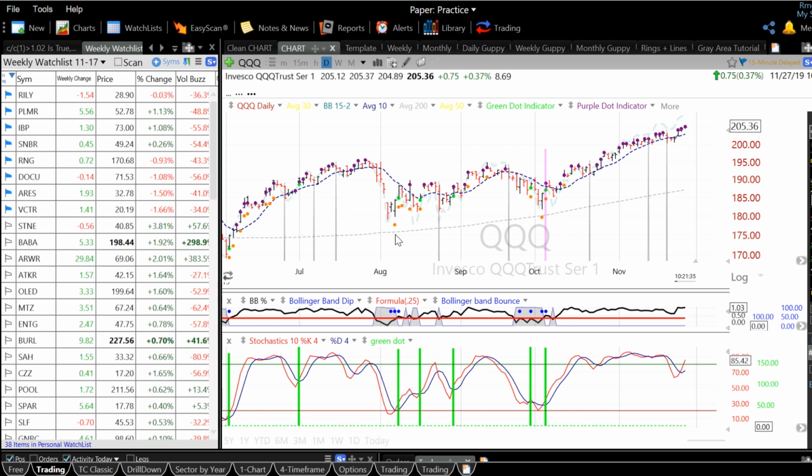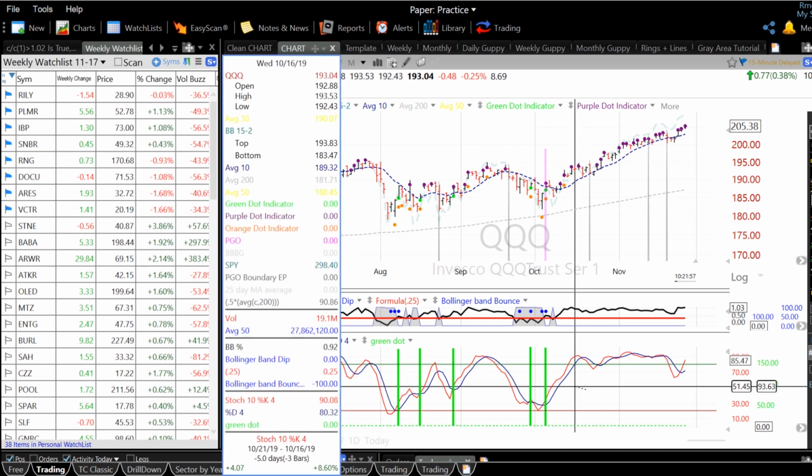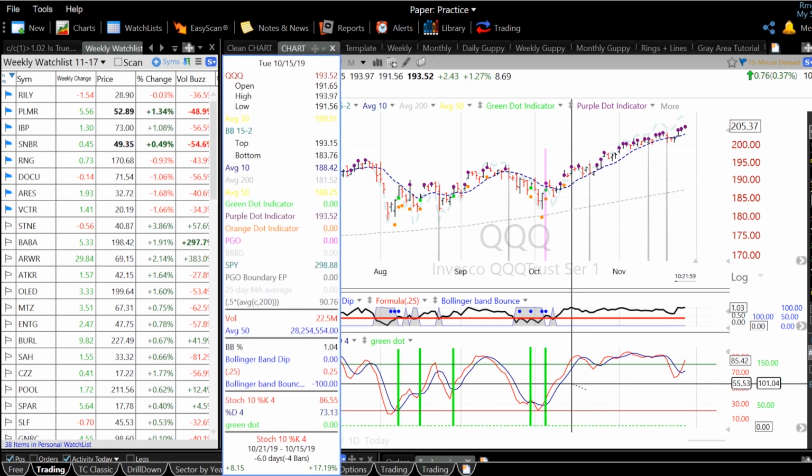And it can occur many times when the stock is kind of going sideways, but just because one doesn't work doesn't mean the next one will not. And I found that they are more likely to work when the stock is even more oversold. So I know the criteria is less than 60, but if you can get it less than 40, less than 30, that is even more likely to be successful and be picking a good entry point.